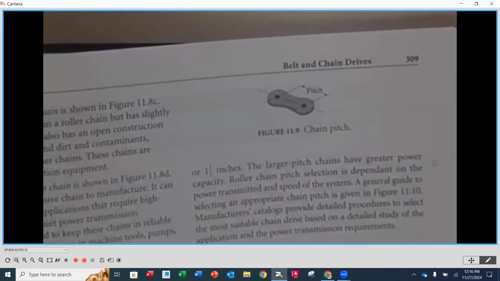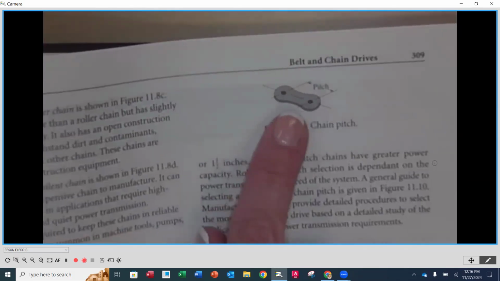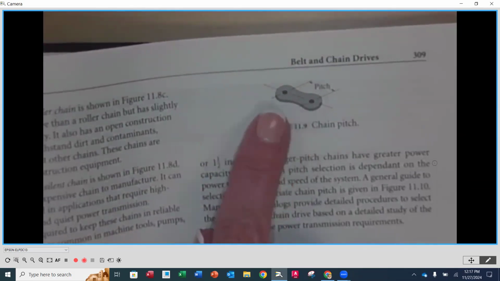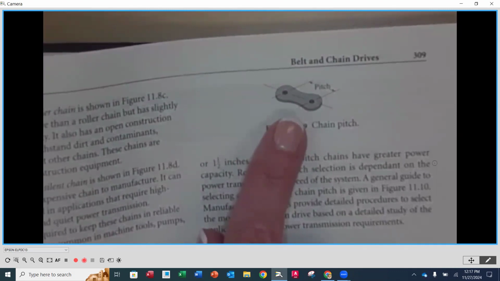So for instance, if we have number 80 chain, the pitch is going to be 1/80th of whatever the number is. So we take the chain number and divide it by 80. 80 divided by 80 is 1. That would mean that the distance between the two pins on a number 80 chain, equaling the pitch, is going to be 1 inch.